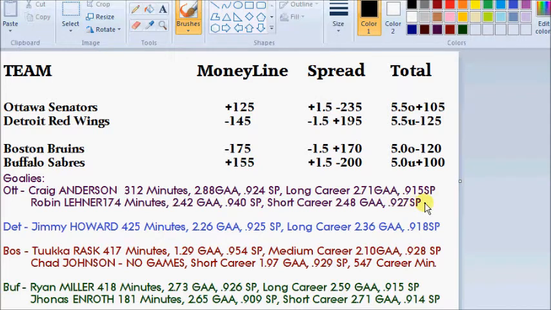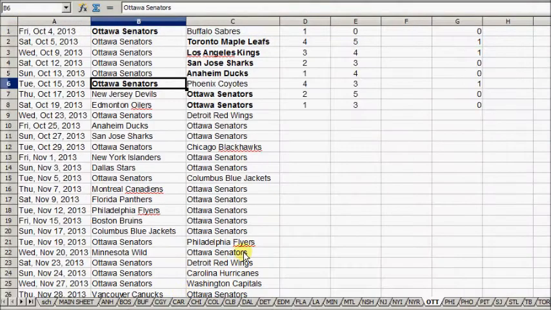It doesn't really matter to me who the starting goalie is when I see this. Detroit has already confirmed that Jimmy Howard will play this game. So far this season, in 425 minutes, a 2.26 goals against average, 92.5% save percentage, and he's had a very decent career. So if we're looking at the over-under, what's the chance that the game goes under 5.5?